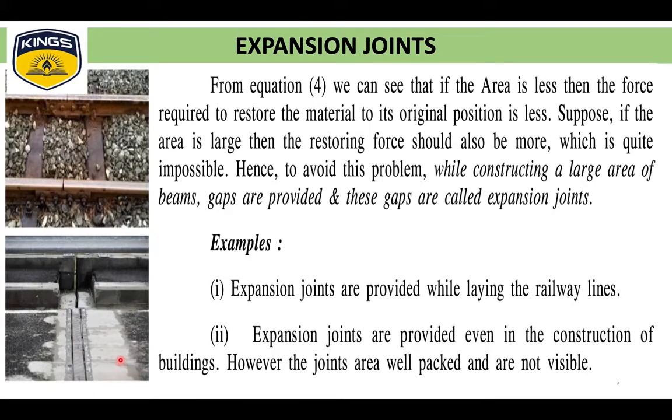What is the use? When the area is small, the force required to restore the material to its original position is small. Suppose the area is large, then the restoring force should be more, which is quite impossible. Hence, to avoid this problem, while constructing large beams or bridges, gaps are provided, and these gaps are called expansion joints. Already we have said about the examples.